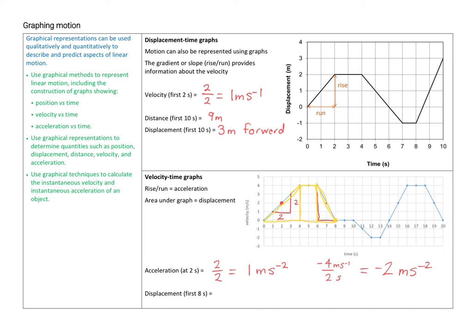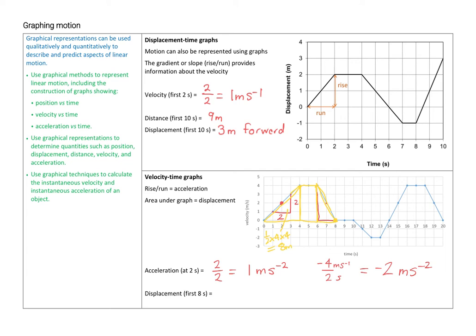So the area of that first triangle is 4 by 4 by a half, because the area of a triangle is half base times height. So the area there would be a half times 4 times 4, which would be equal to 4 fours are 16, half 16 is 8 metres.